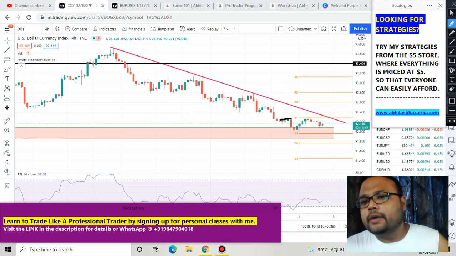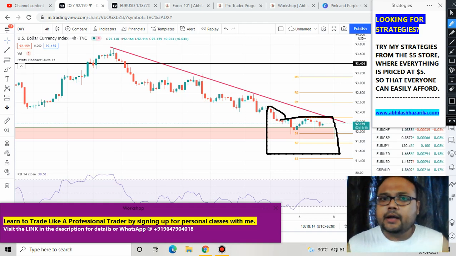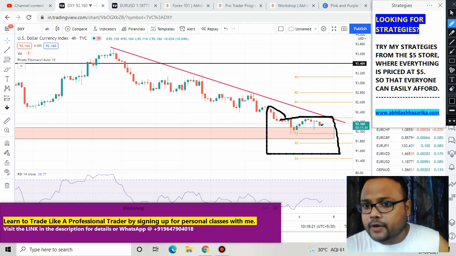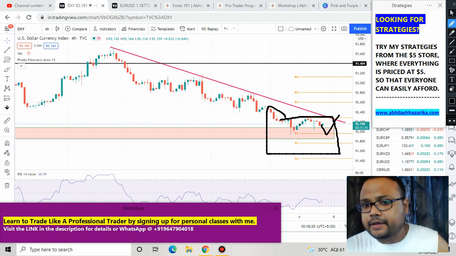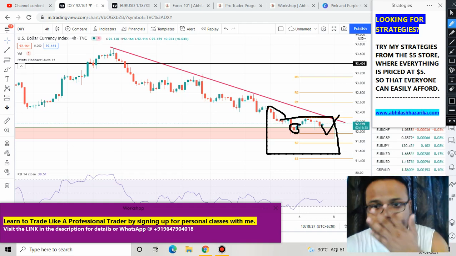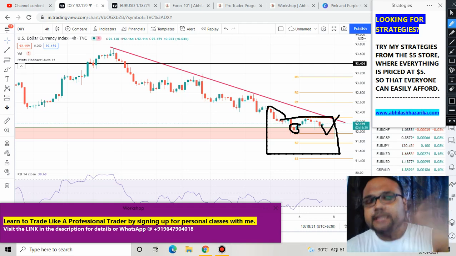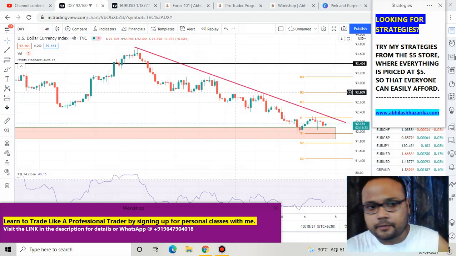So right now we cannot be too sure that the selling pressure will continue and the market will keep falling, because it has reached the support and there is a possibility that the market may try to reverse or recover, because you can see that yesterday on Monday the market did recover. Again the market faced some selling pressure, but still the market is trying to take support here on the US dollar.